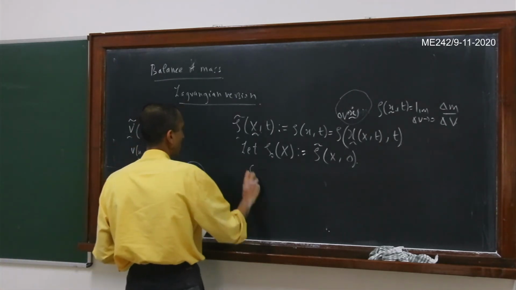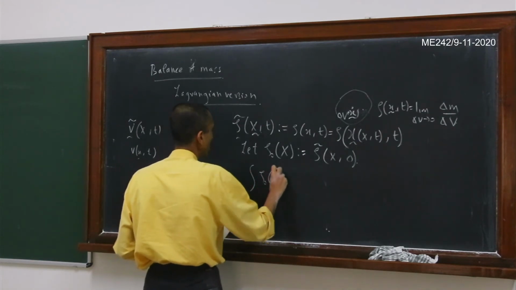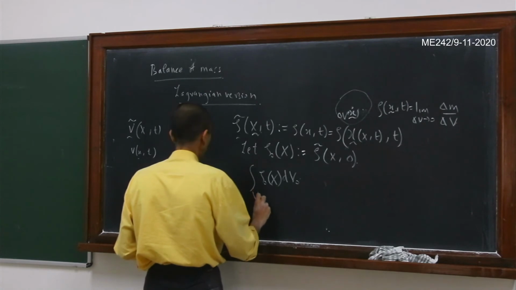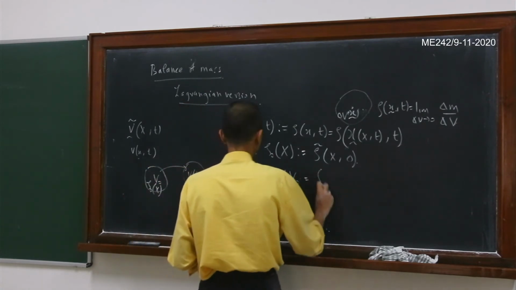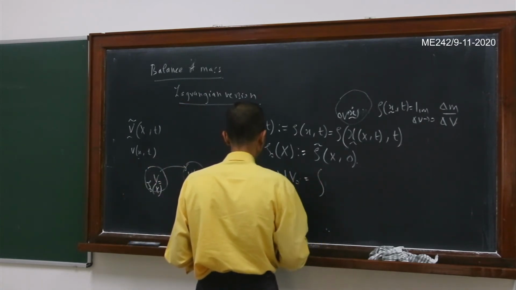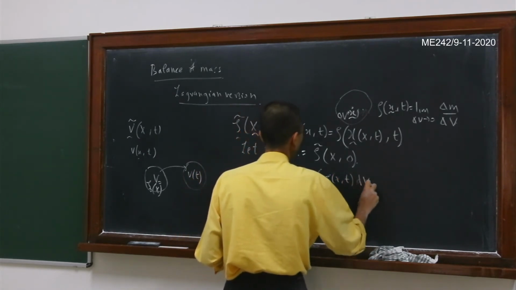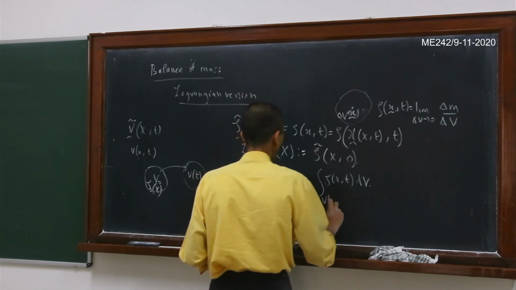Let me write that: the integral over V naught of rho naught of X times dV naught is equal to the integral over V of t of rho of x comma t times dV.